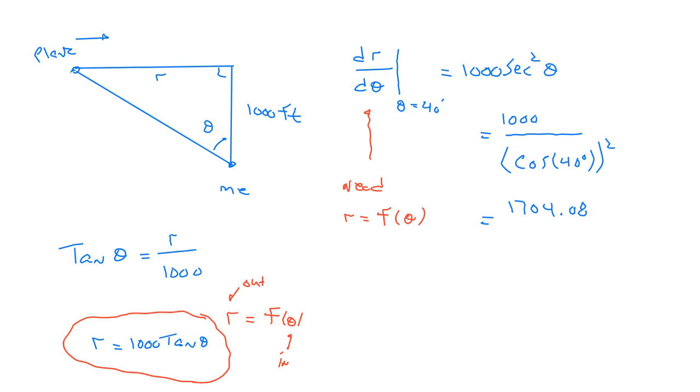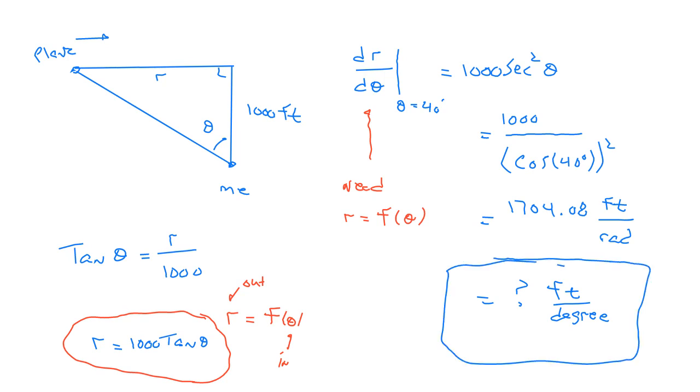So this is in feet per radian. And the question on the quiz said to give the answer in feet per degree. As a disclaimer, I have not totally finished this one, but taking it here would get you all the way, and I think I may have showed you what you wanted to see, Joseph.